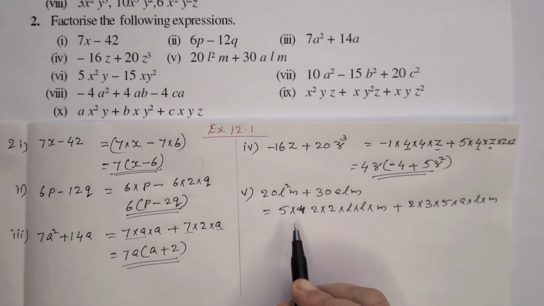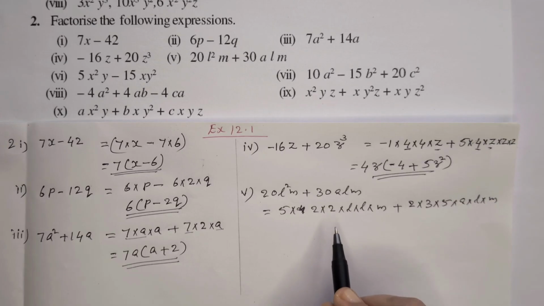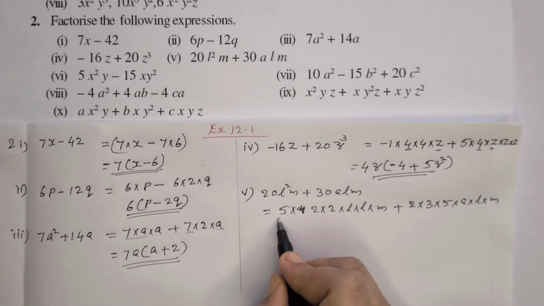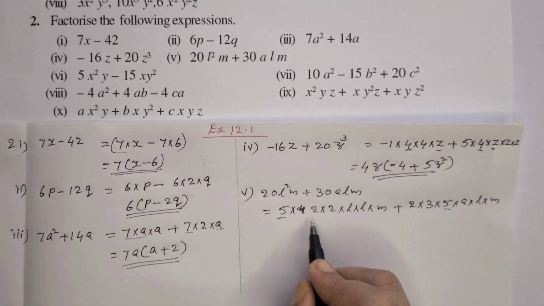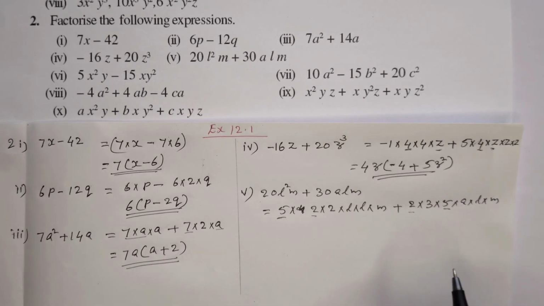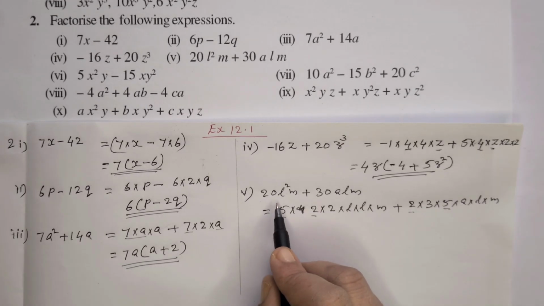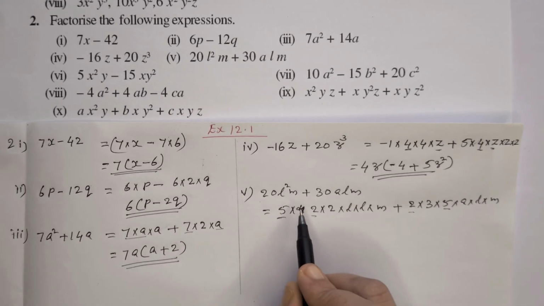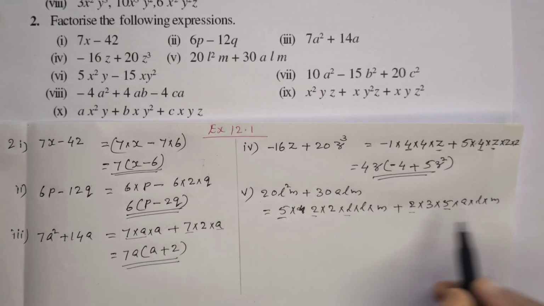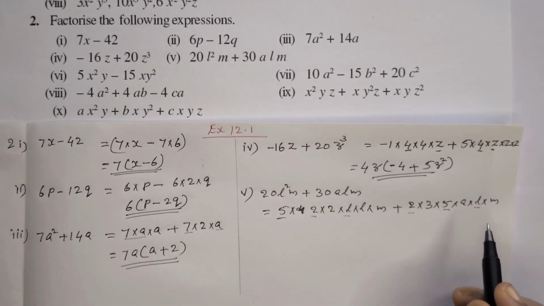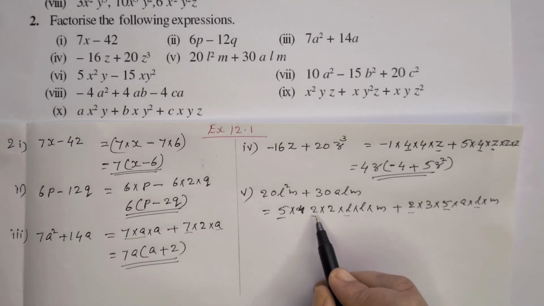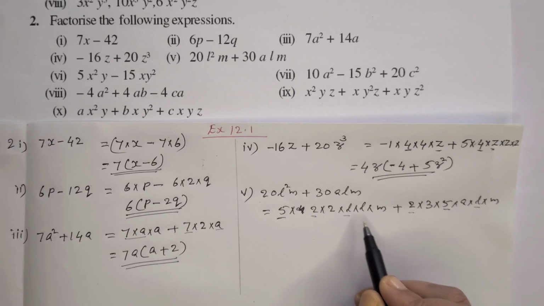Now we can just find out the common factors from that. 5 is there in both the terms, 2 is there in both the terms. Then now we got 10 as common factor. Same way 1 l also is in common. So we can take 5 into 2, 10l as the common factor.